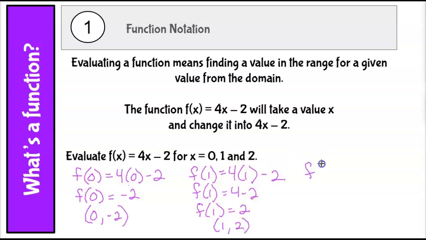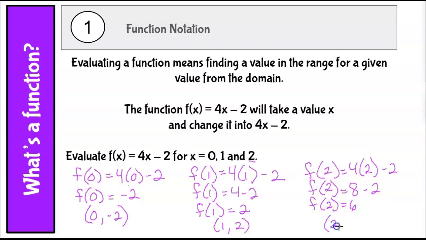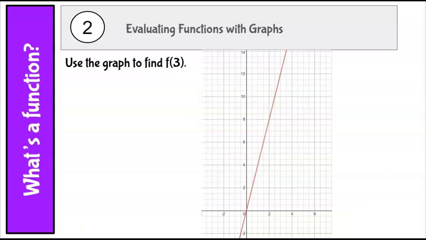And finally, we're going to do it for 2. Again, following order of operations, multiplication comes first. So 2 is paired with 6. 0, 1, and 2 are my inputs. Negative 2, 2, and 6 are my outputs.